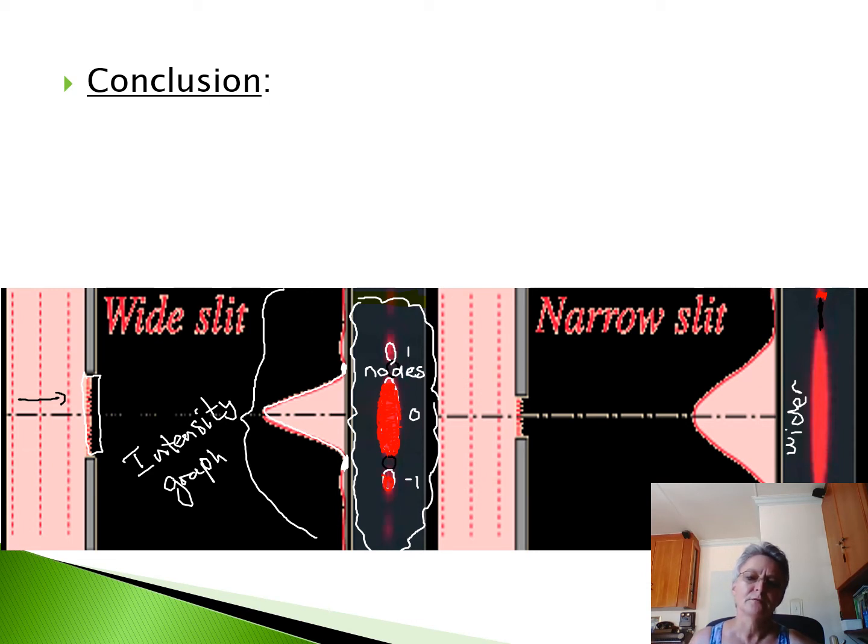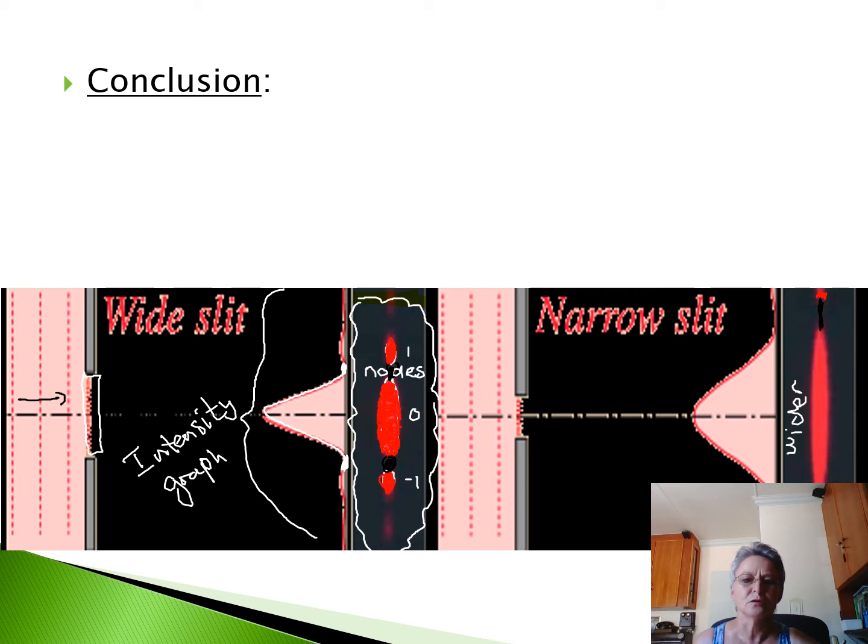Here we have another little red spot on the screen, and there we have another little red spot on the screen. The red spots are separated by dark spots. They are the nodes formed. Then to the left of the diffraction pattern, you see what we call an intensity graph.